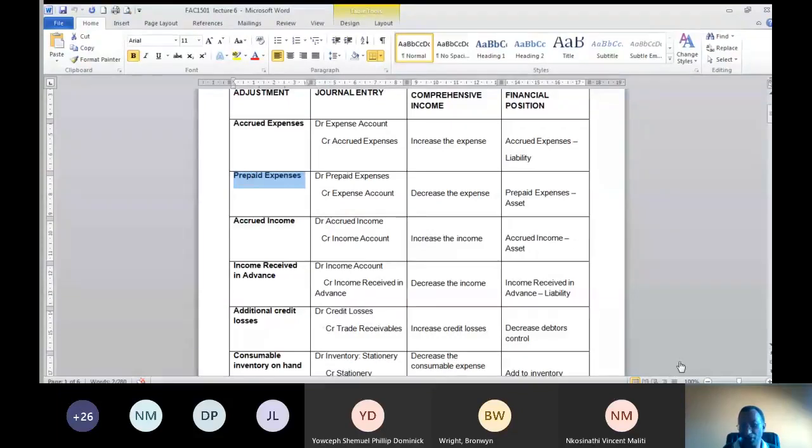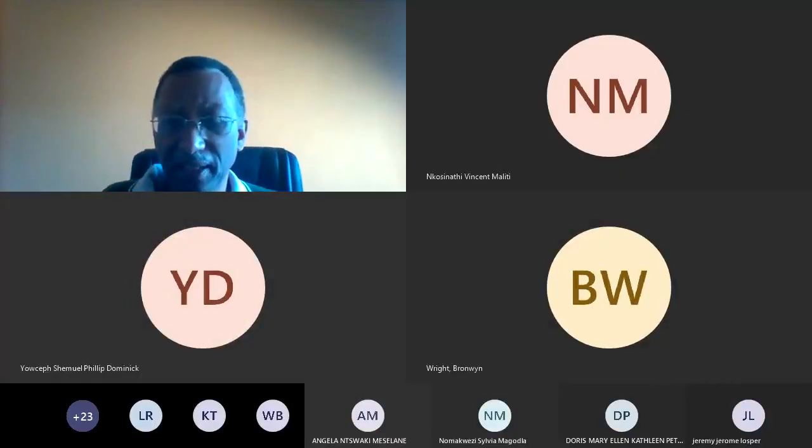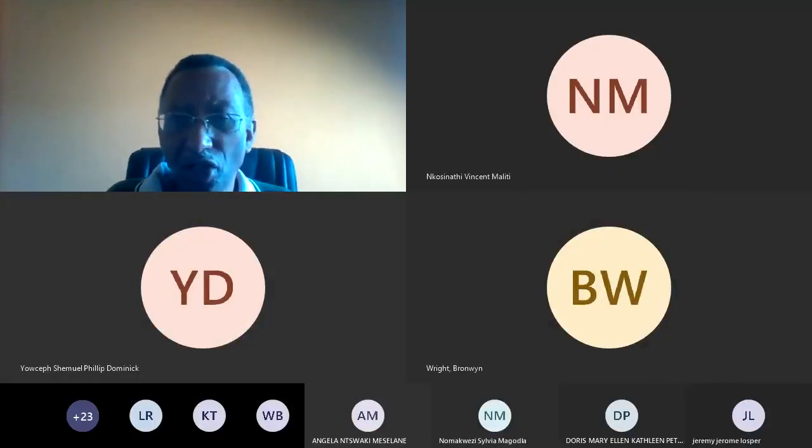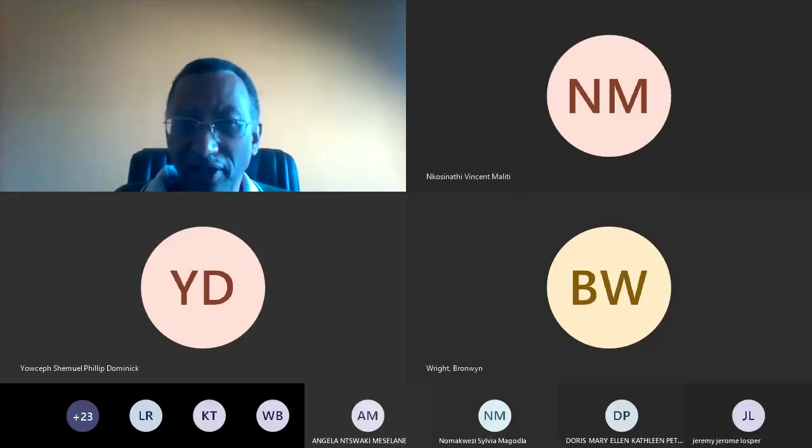So we are dealing with prepaid expenses whenever we come across an adjustment that tells you that you have paid an amount of money during this year, but the expense is actually for the next financial year.